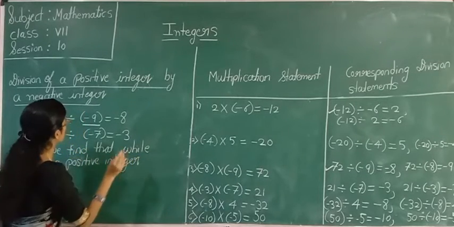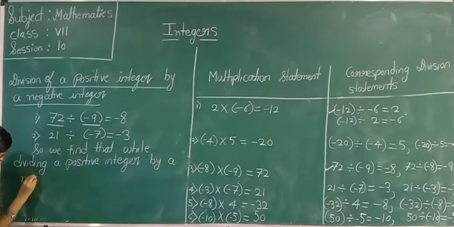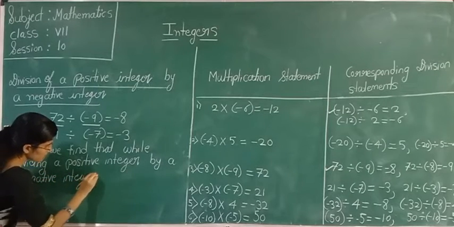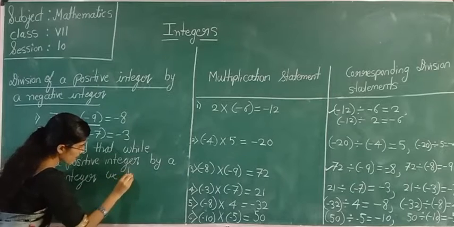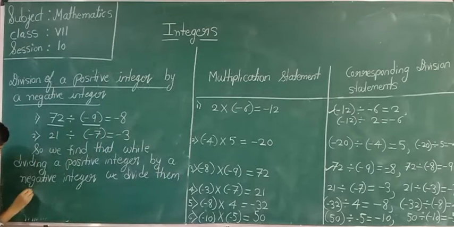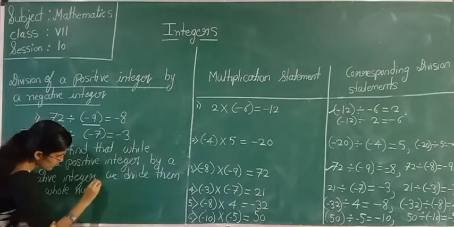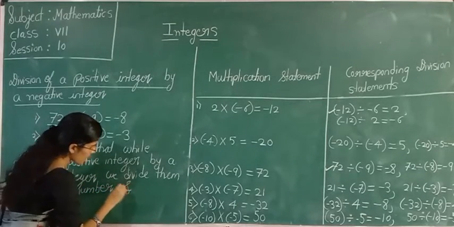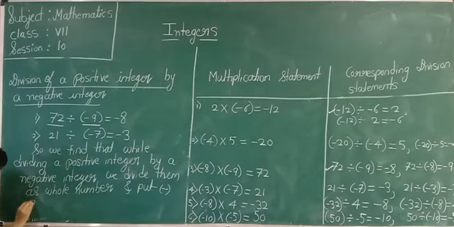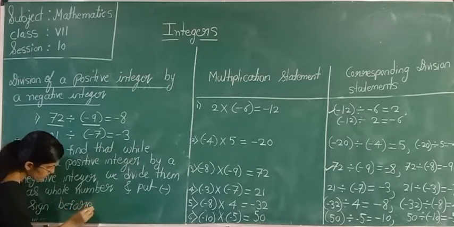While dividing a positive integer by a negative integer, we divide them as whole numbers and keep the minus sign before the quotient. So we find that while dividing a positive integer by a negative integer, we divide them as whole numbers and put a minus sign before the quotient.